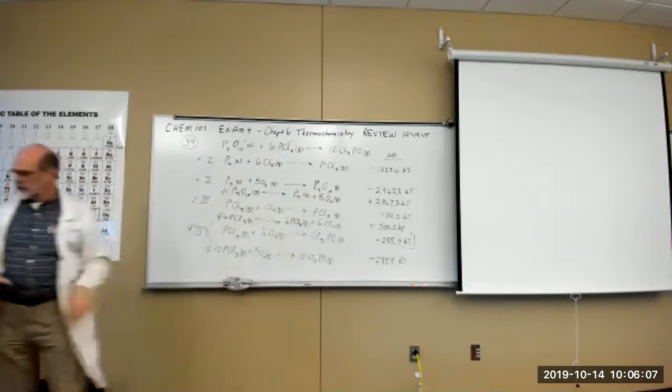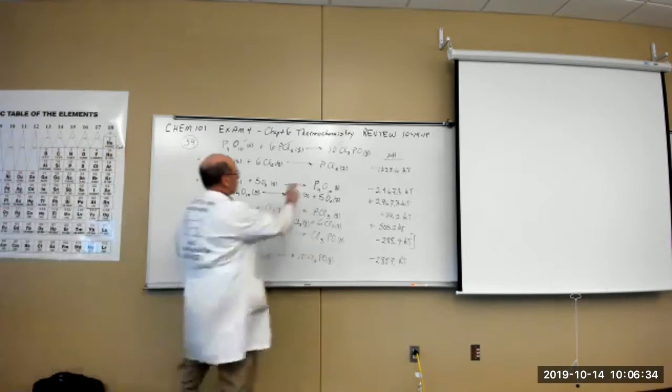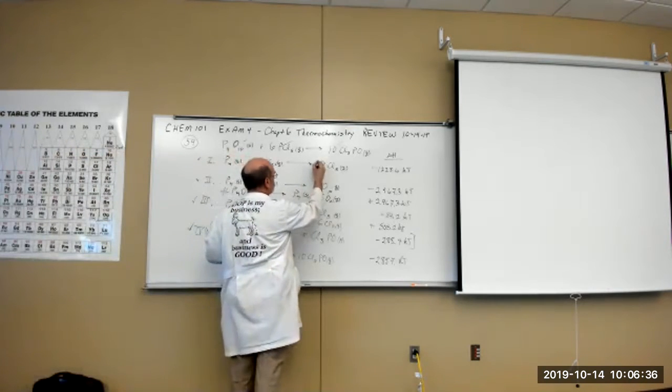Did I write those correctly? In the first one, the PCl3 should be 4. First one, there should be 4 PCl3 here, right here. Yes.